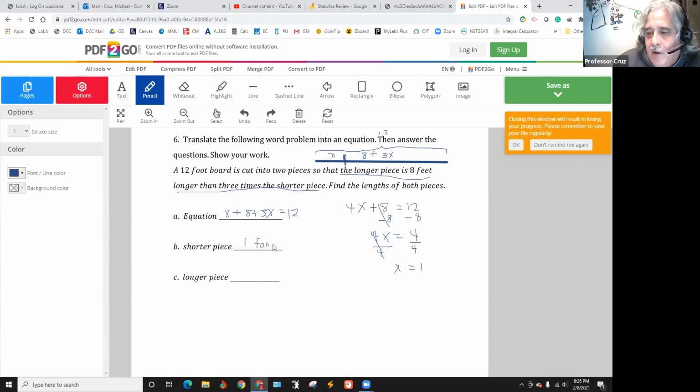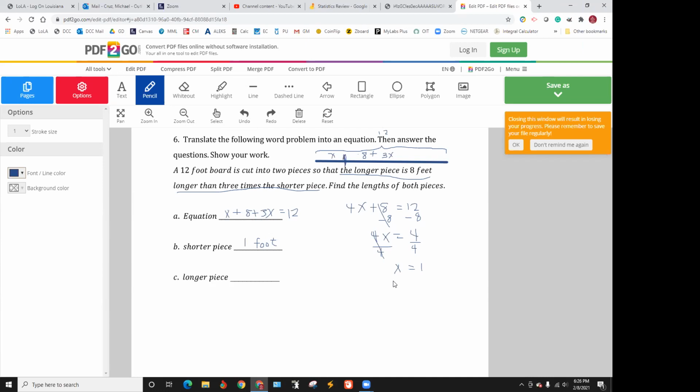How can we find the longer piece? We plug in.